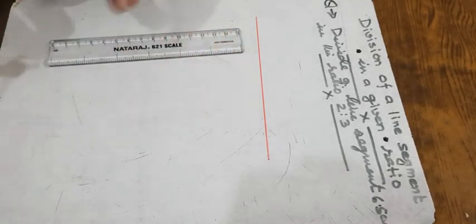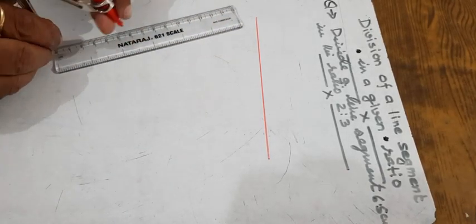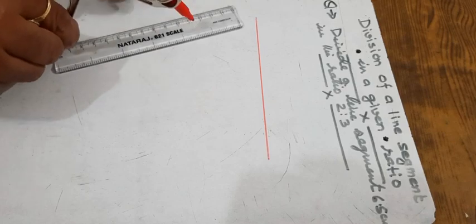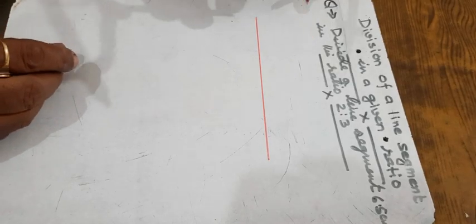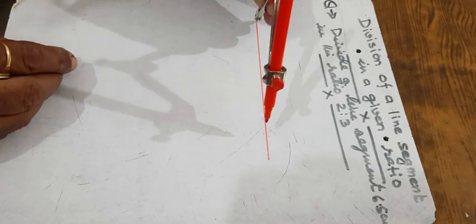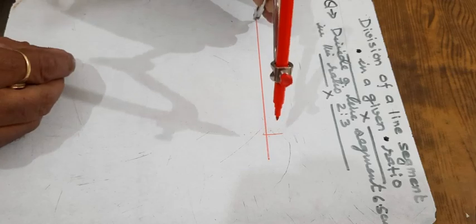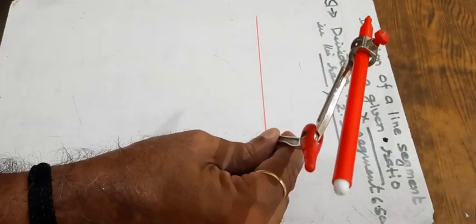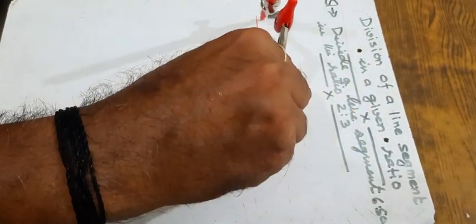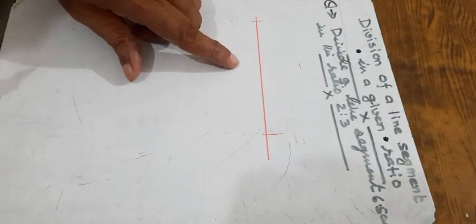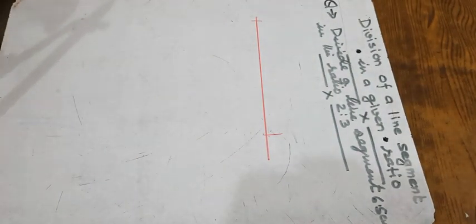First we take a line and draw a line segment of 6.5 centimeter. Put metal in here and pencil in here, also metal in here and pencil in here, both sides. This is the perfect way of taking a line segment.